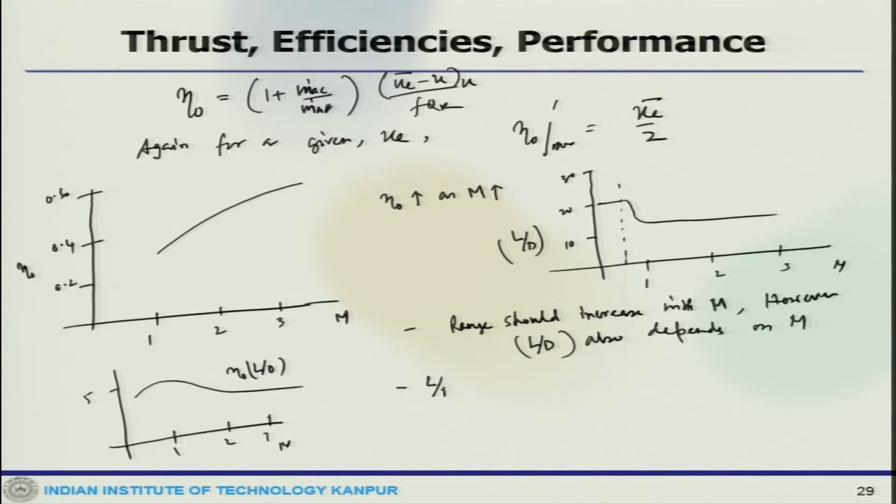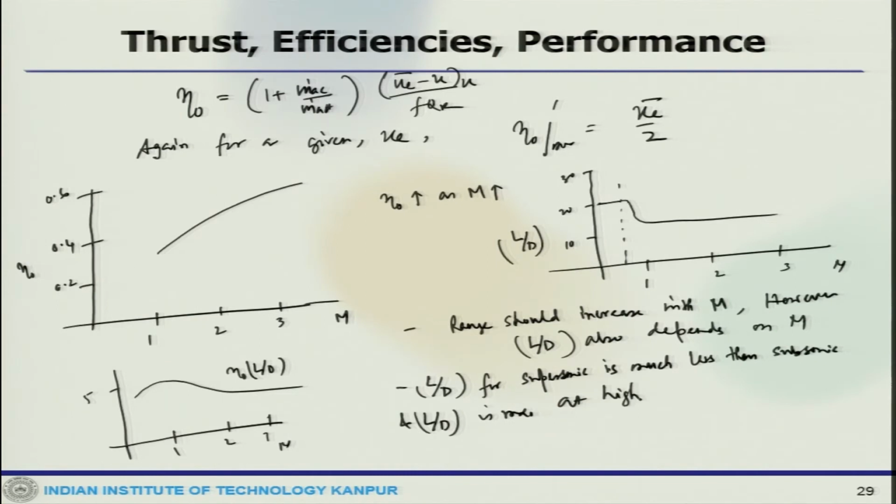Now, L by D for supersonic is much less than subsonic, and L by D is maximum at high subsonic.